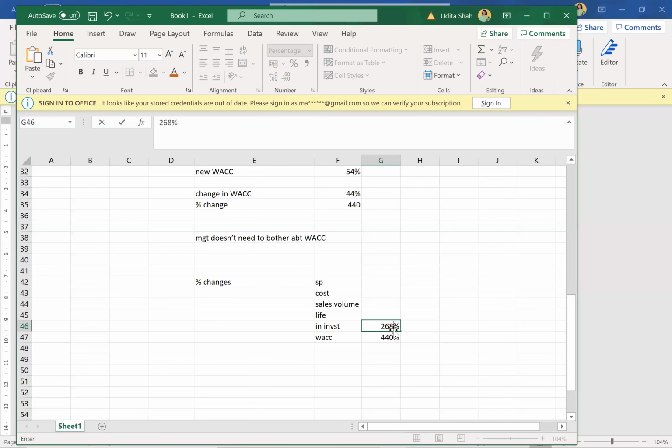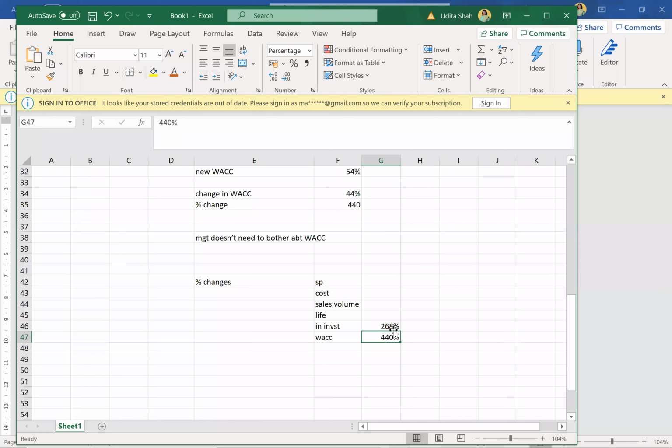More the percentage, lesser will be the sensitivity. Okay. Management can wait till 54%, right? If the cost of capital is 54%, then only NPV will be 0. Okay, so increase from 10% to 54%, it is a very high increase. Correct.